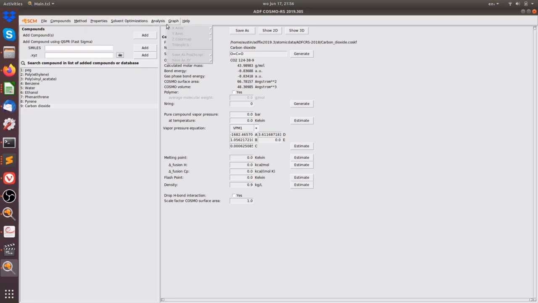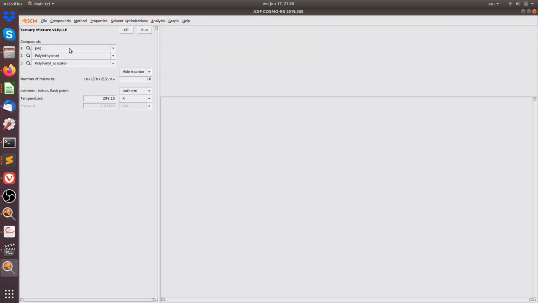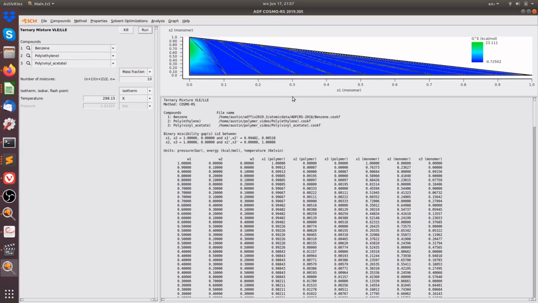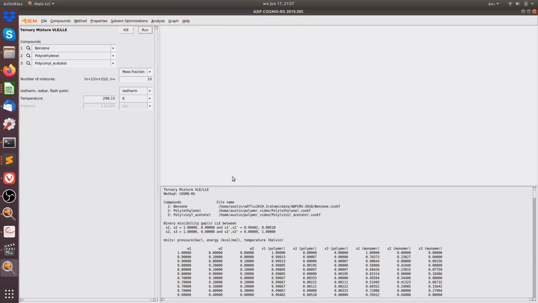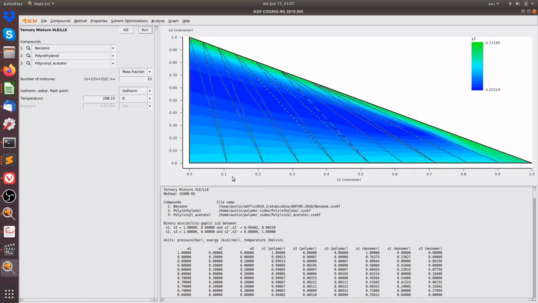And I'll also mention briefly for a ternary mixture, if, for example, we just looked at this system where the densities are probably no longer meaningful. If we look at this system, there's a few things. So, for example, Flory-Huggins parameters are typically defined in terms of a binary mixture, but in this case I've included a Flory-Huggins parameter that corresponds to benzene and a hypothetical copolymer of polyethylene and polyvinyl acetate.